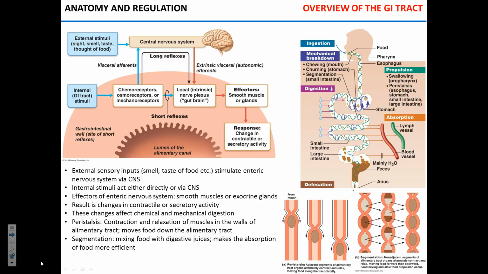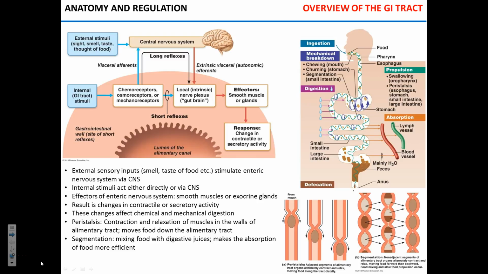What is the main function of respiratory system? Just an example. Yeah, breathe. So all responses, all physiological activities of respiratory system are dictated by the respiration. You always have to keep in mind it's all about breathing.